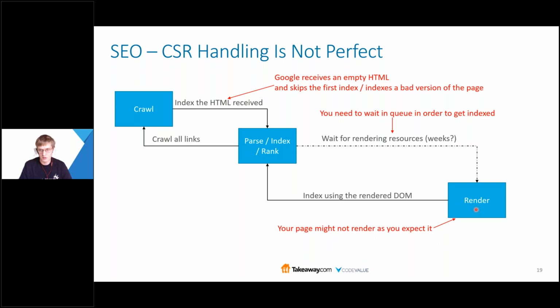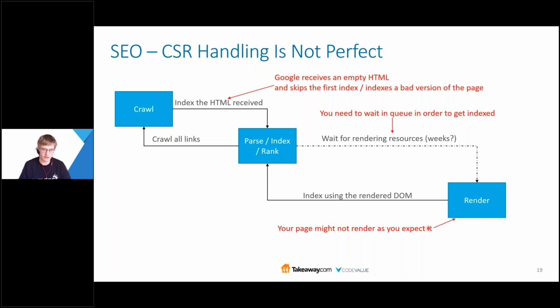And also, because Google renders your website, it's not clear how well it will render your website, because it can go wrong. And if it goes wrong, you need to wait 2 weeks again in queue until you can check again how Google rendered your website. It's much better today because Google used to render your website on Chrome 42 or something, a very old version of Chrome, and it was a huge problem.